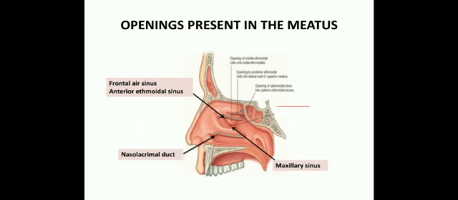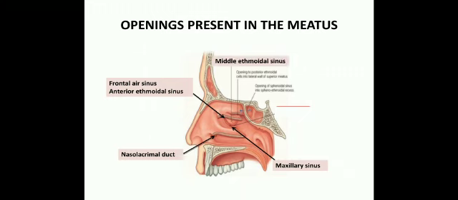The opening of the anterior ethmoidal sinus is present behind the opening of the frontal air sinus. So, in the middle meatus, we are seeing the maxillary sinus in the posterior aspect of the hiatus semilunaris, and the frontal air sinus and the anterior ethmoidal sinus in the anterior aspect of the hiatus semilunaris.